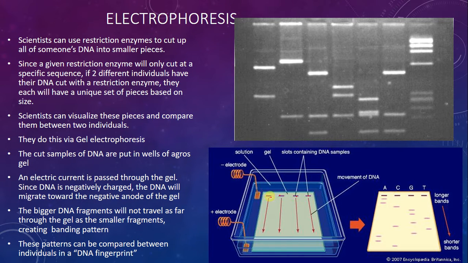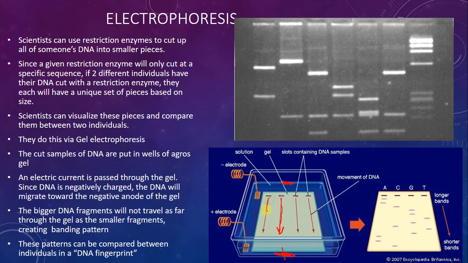And we fill this chamber with the slab in it up with an electrolytic buffer solution, and we pass an electric current through the solution and through the gel. And since DNA is positively charged, the DNA will be attracted to the cathode section, or the positive side of the chamber, and it will start to move down this gel.